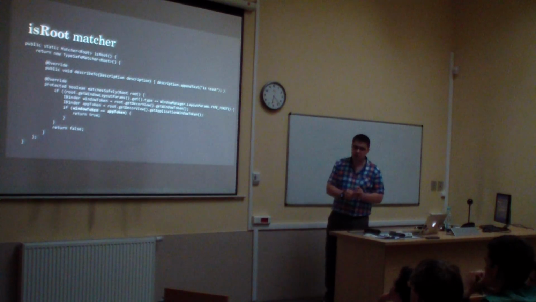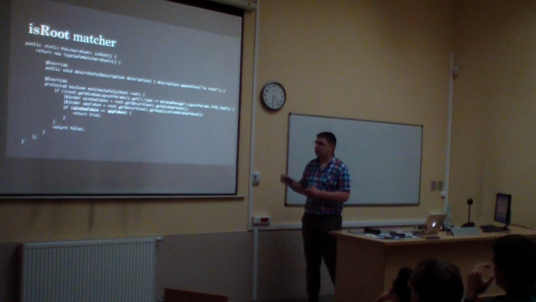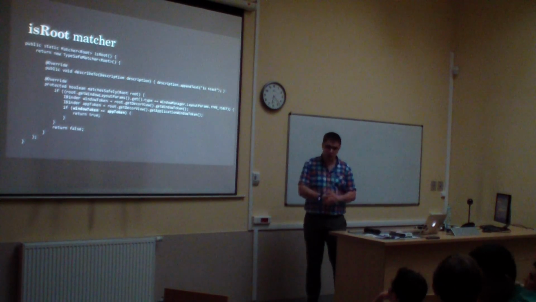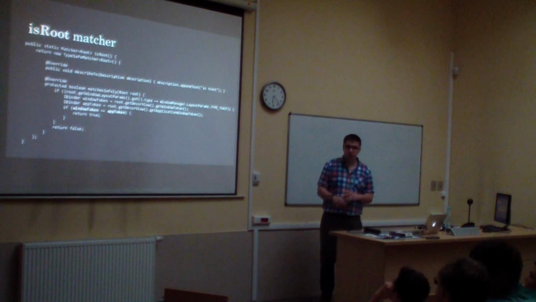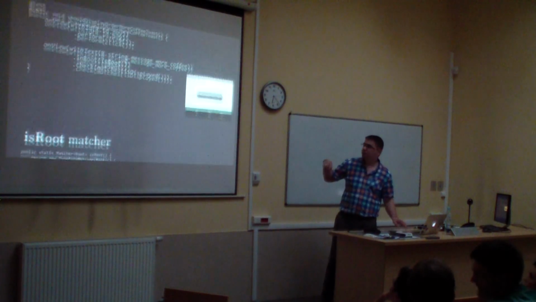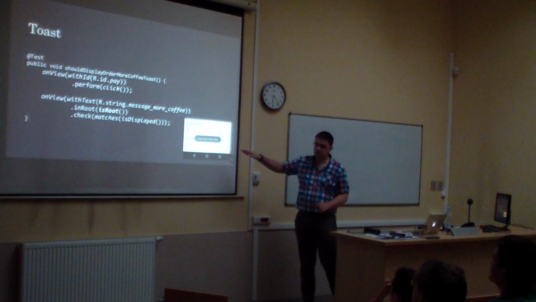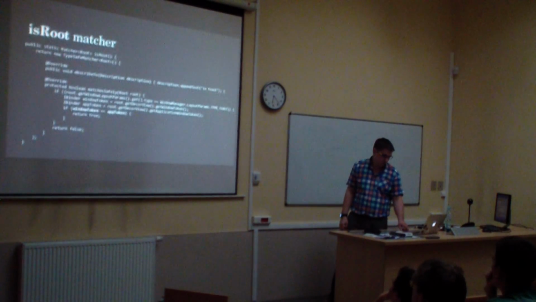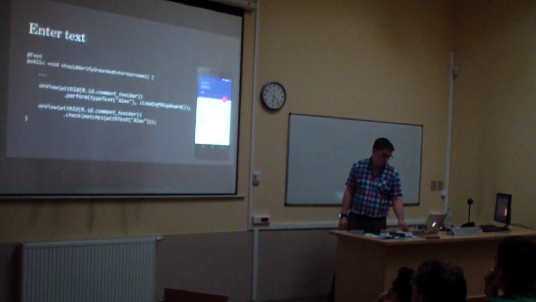If our root component contains the toast and the window belongs to our application, it means that, for example, here the text is displayed, and it's our root. This gets it from our root.